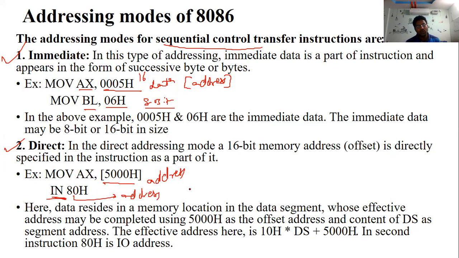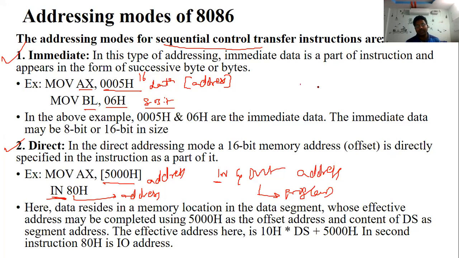In the IN and OUT instructions you represent the address only. Once you write the program, the microprocessor understands it.